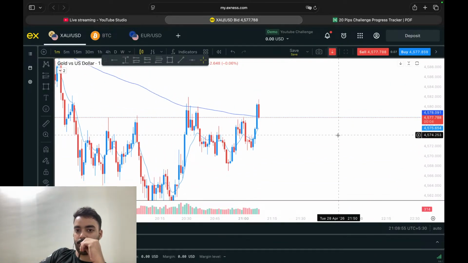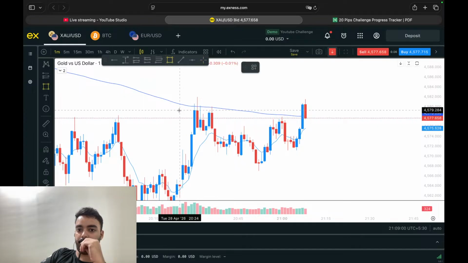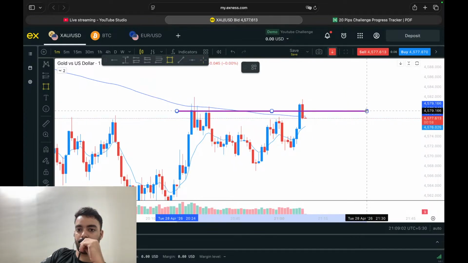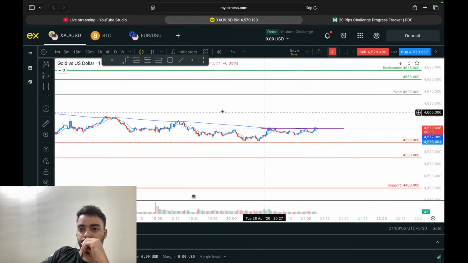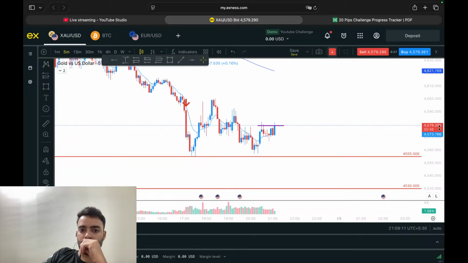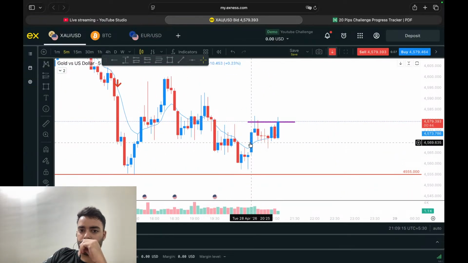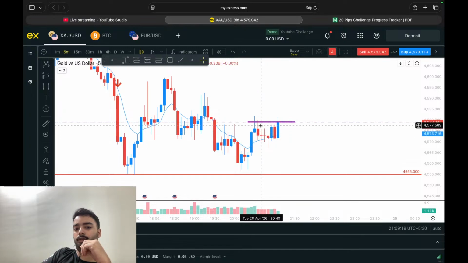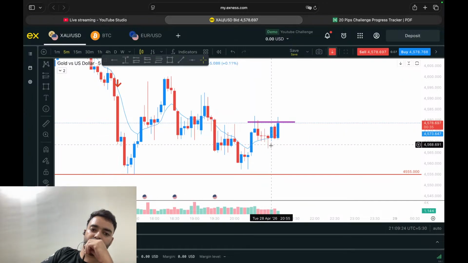So for now we can end this stream. I'll consider this setup a failure. First we took a buy here, I guess here, which we closed instantly, and then we entered a sell setup and it failed.